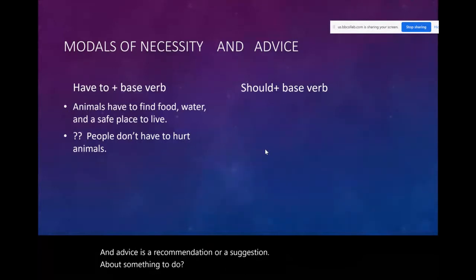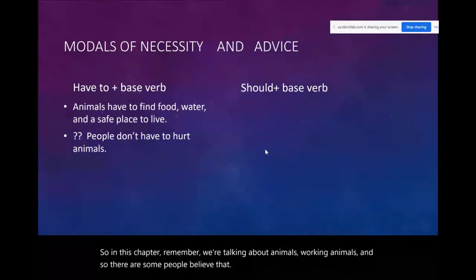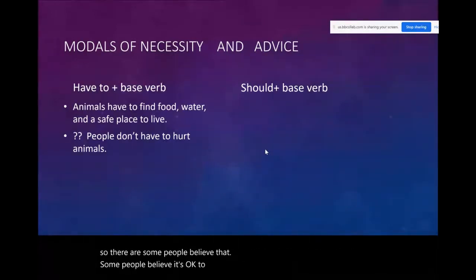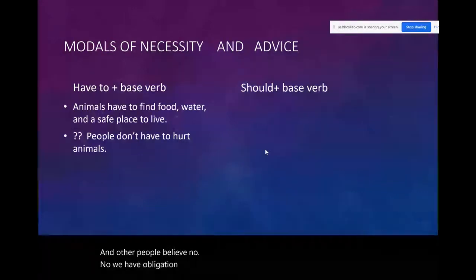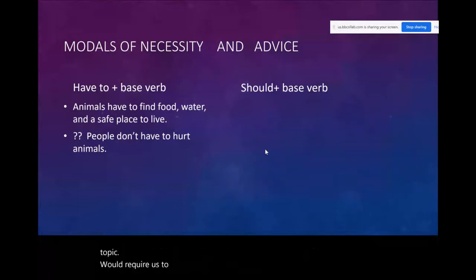So, in this chapter, remember we're talking about animals, working animals, and so some people believe it's okay to let animals work, and other people believe no, we have an obligation to not make them work. So when we're talking about necessity and advice, it's really good to have these tools available because our topic will require us to use necessity and advice, okay?